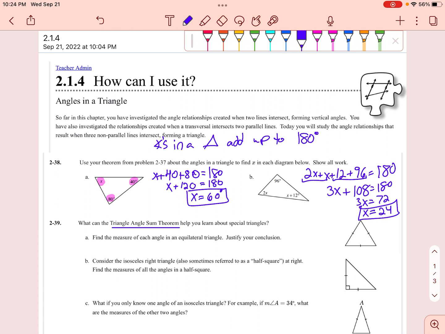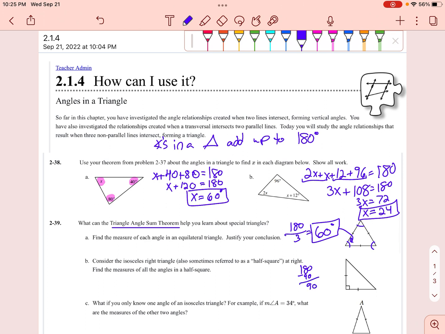So find the measure of each angle in an equilateral triangle. Obviously if it's equilateral, that means it has all three equal angles. So 180 divided by 3 means each of the angles is 60 degrees. And a right isosceles triangle, also called a half square, find the measures of that. Again, I would do 180, take away 90.